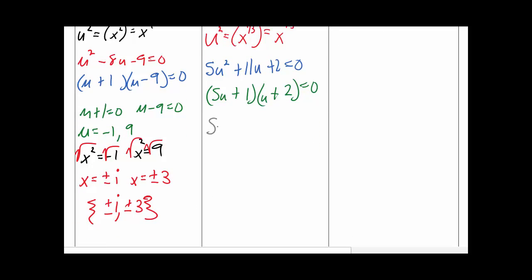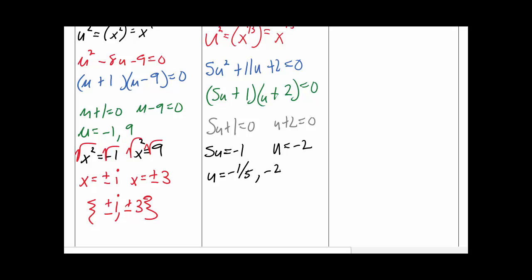So we get 5u plus 1 equals 0, and u plus 2 equals 0. So then I want to move over those expressions. So I get 5u equals -1, and I get u equals -2. So then u would be -1/5 and -2.